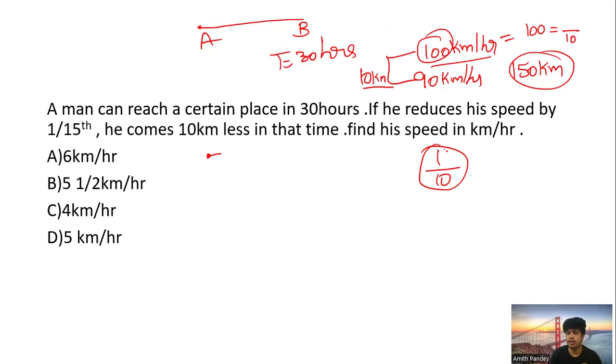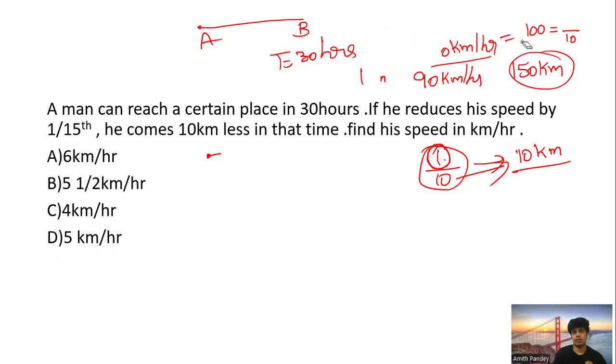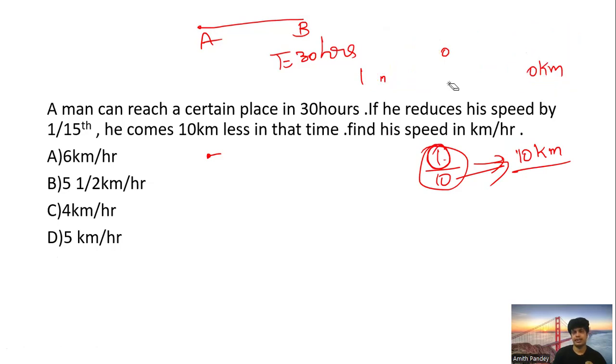So you got one part less, and due to that one part, you are going 10 kilometer less. So if one part is 10 kilometer, then 10 parts will be 100. That is the concept we need to see. As I read the question, you will understand very clearly.